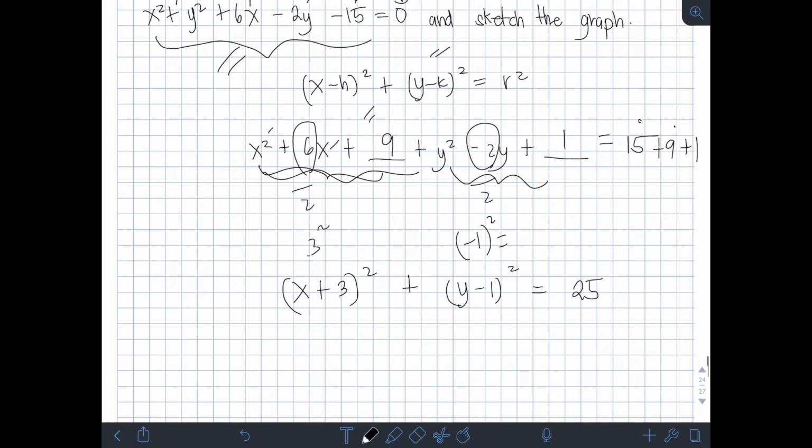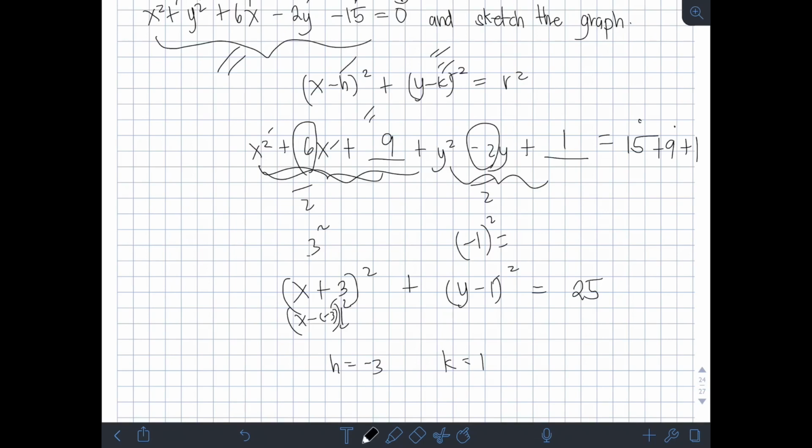Okay, so therefore, we have transformed this into center-radius form, wherein we find h and k. For x, this is x minus negative 3, right? To become x + 3. So, h is equal to negative 3. And for y, we have y − k, so k is equal to 1.